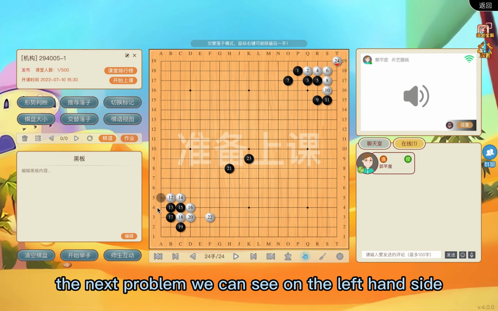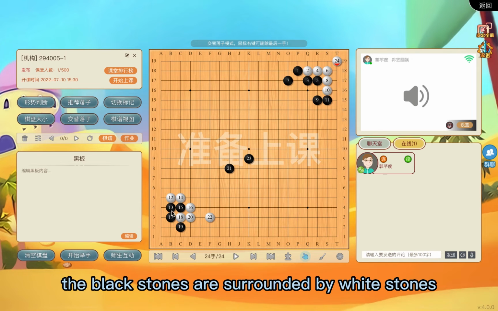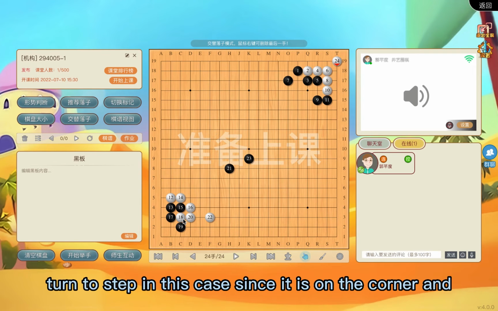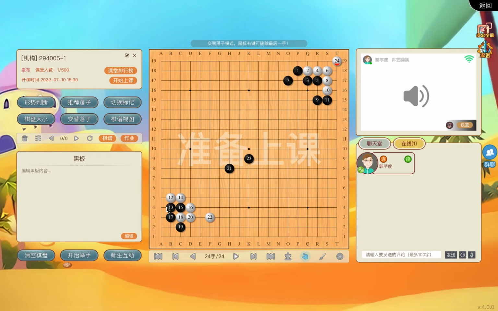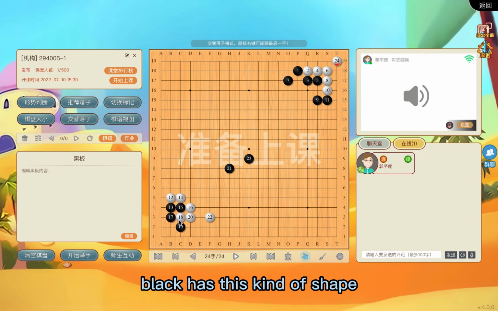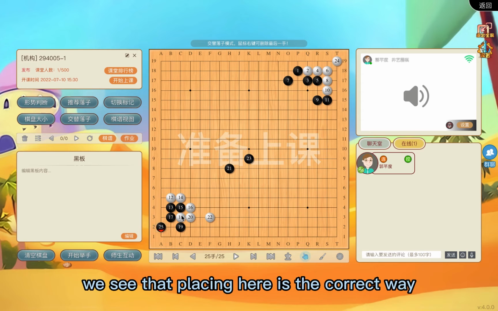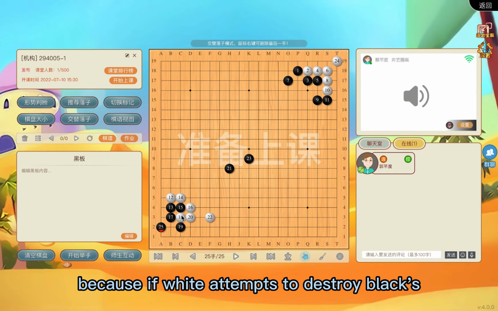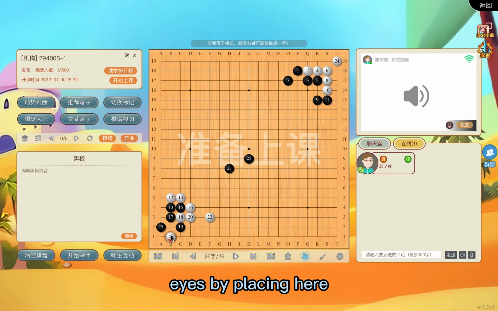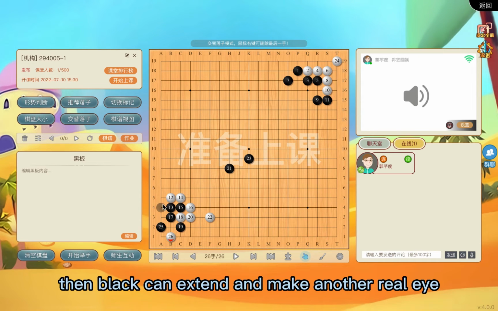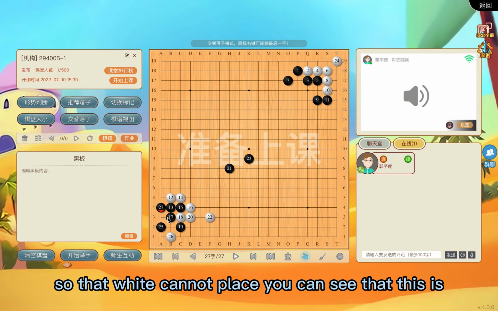The next problem we can see on the left hand side, the black stones are surrounded by white stones, and now it's black's turn to step. In this case, since it is on the corner and black has this kind of shape, we see that placing here is the correct way, because if white attempts to destroy black's eyes by placing here, then black can extend and make another real eye on the side so that white cannot place.